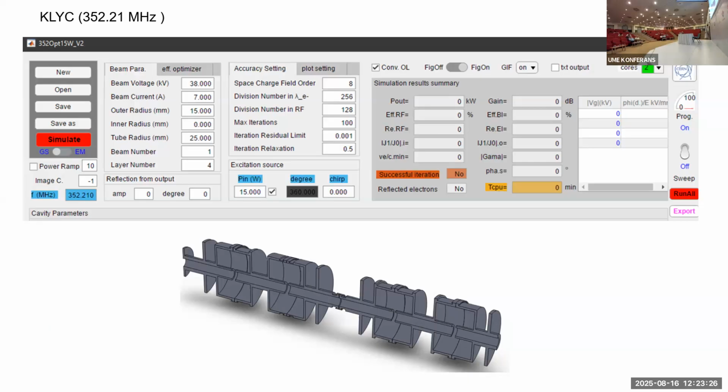Due to that, we assumed we start with aluminum and the resistivity multiplied. But the 150 kilowatts is taken from the aluminum. Is it realized? No.